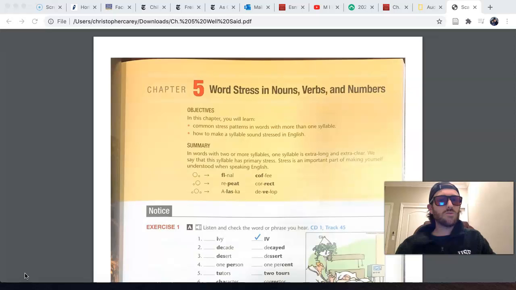In English, we use stress, which is the higher intonation, the higher pronunciation and inflection of a syllable in a word, and word stress oftentimes will dictate the meaning of a word. You could have a word in English written the same exact way, but have different syllable stress, and the meaning of that word would be different.